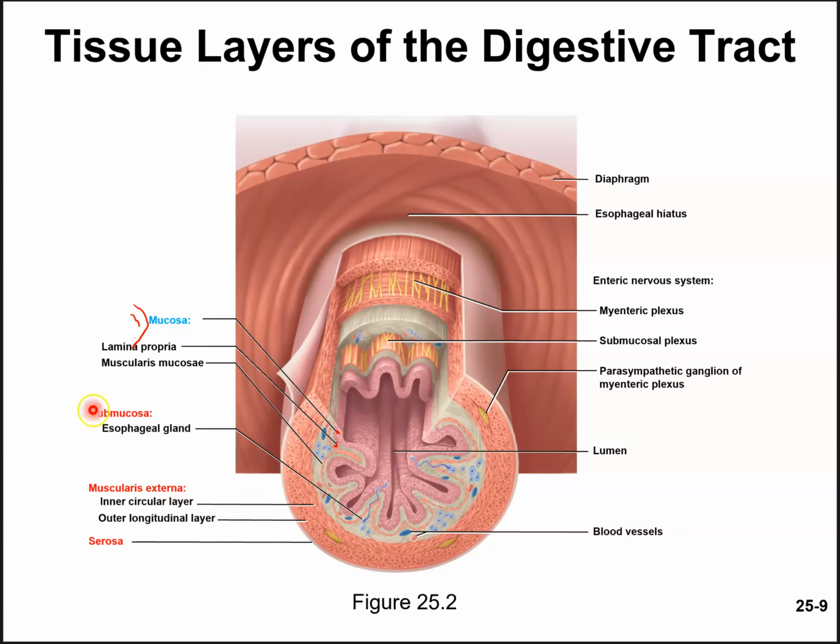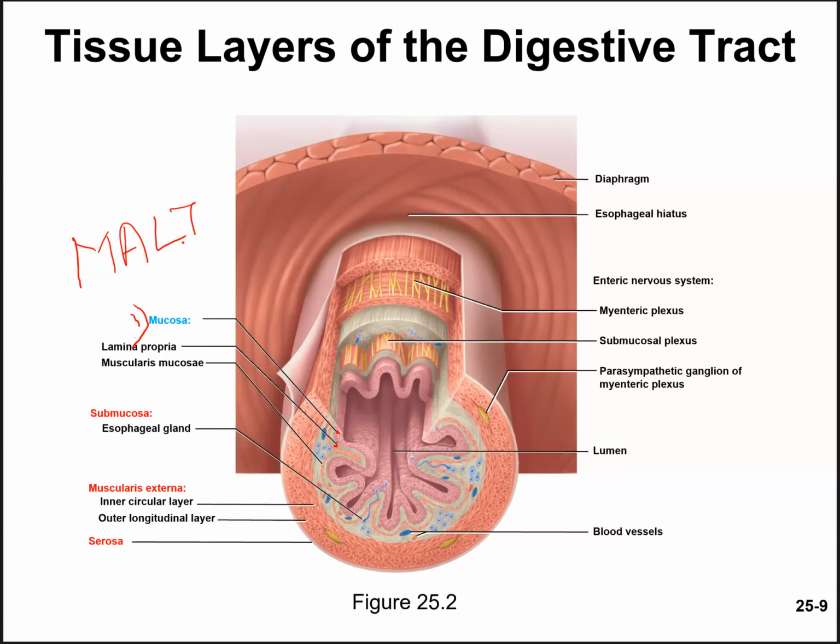So the second layer, which is submucosa, is made up mostly of dense connective tissue, and it lies inferior to the mucosal layer. Now, the first layer, which is the mucosa, I must mention this. The first layer contains MALT.